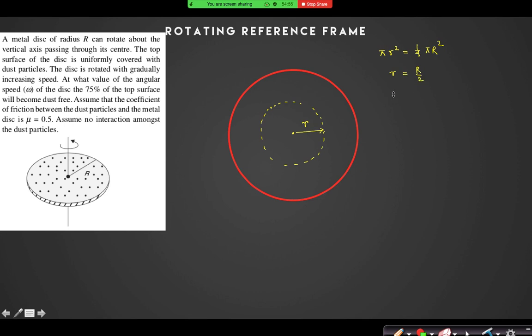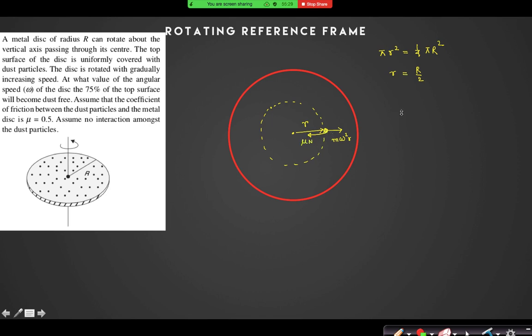Now if I talk about this particle, if this particle also moves away from the disk, then what is the force on that particle? I can say that the centrifugal force on the particle is m omega square r, right? And the maximum friction force on the particle, which I will put as the limiting value, is mu into N. Now N is nothing but mg.